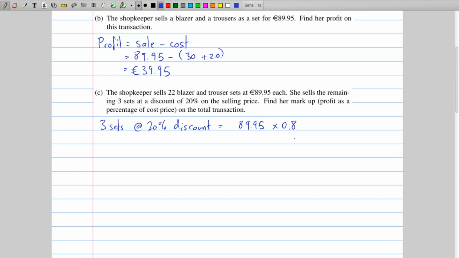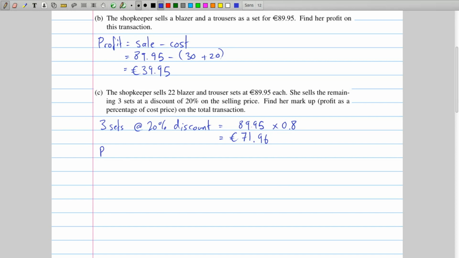The 0.8 comes in because that's 80%, and so if the discount is 20%, then the actual price is 80% of the original amount. So that works out to be $71.96.